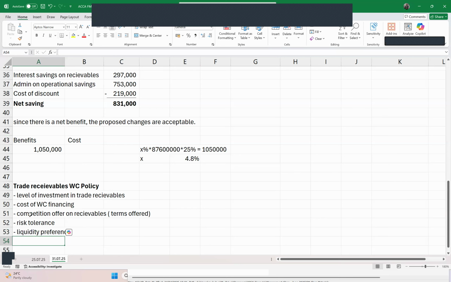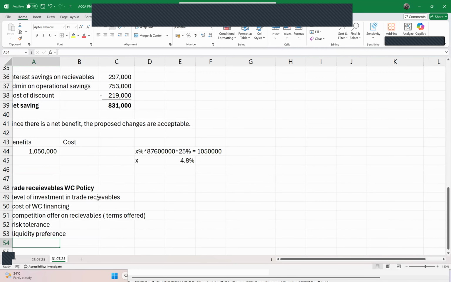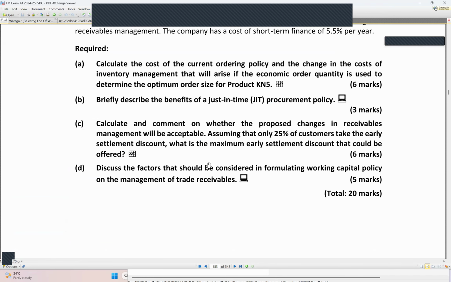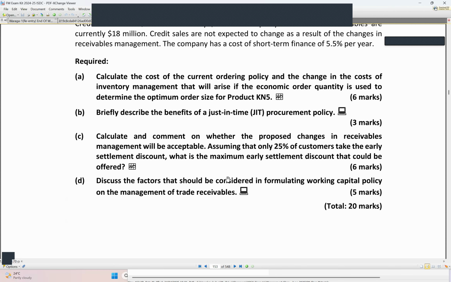As well, you can sell your receivables so that you get that money coming in. These are just some of them. But remember, this is 5 marks, so you don't want to give 10 points. You can give 1 mark per point, and you have yourself 5 points. So that is something you can consider.